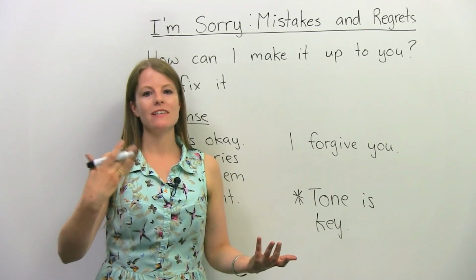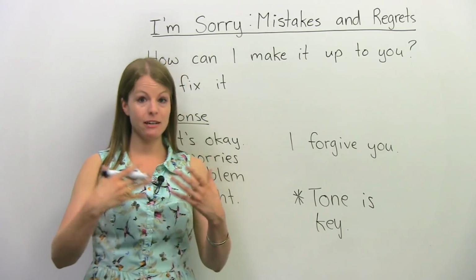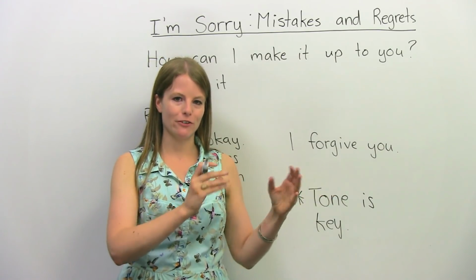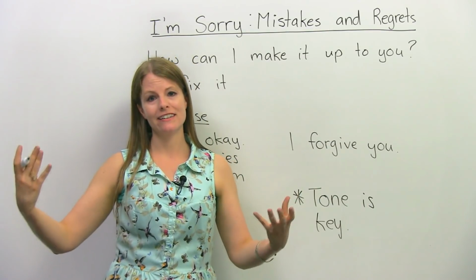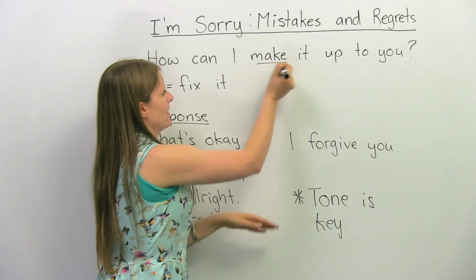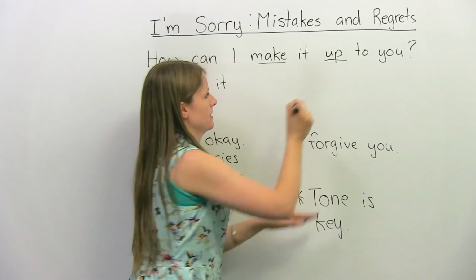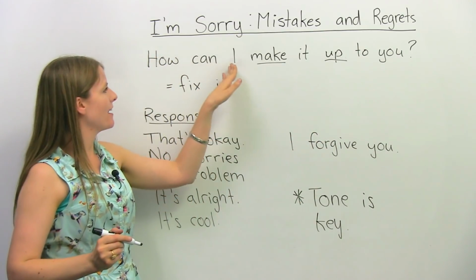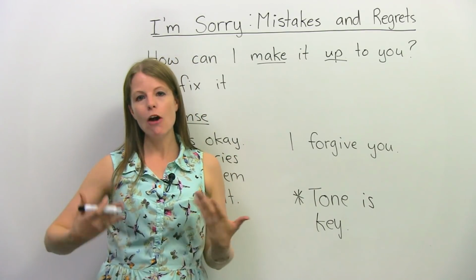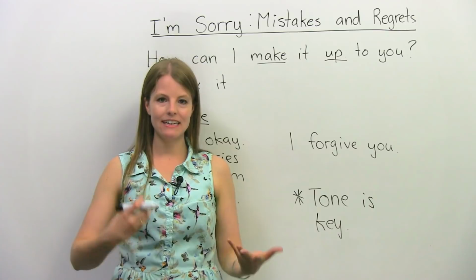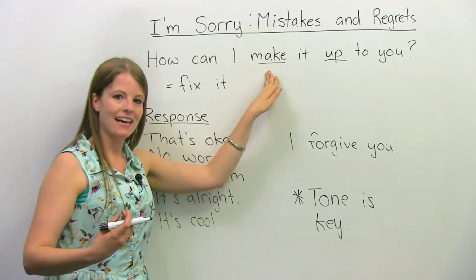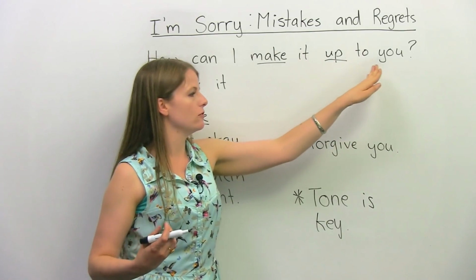Sometimes we apologize for something small, but if it's something big, we might say, how can I make it up to you? It's a very common expression, and it means, how can I fix this? I made a mistake. What can I do to fix this? How can I make it up to you?